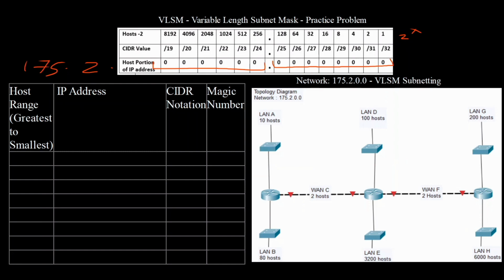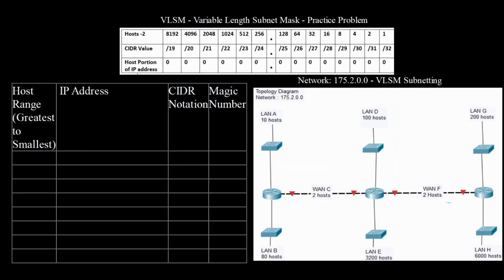I'm not going to change that since it's the network portion of the network address. The only thing we are going to work on is the host portion of an IP address.